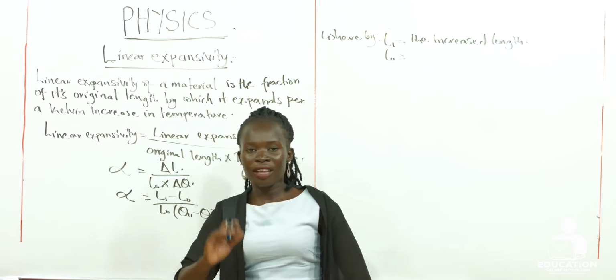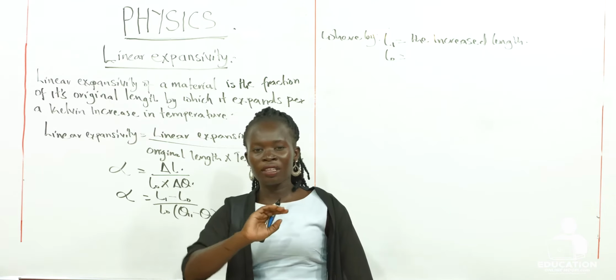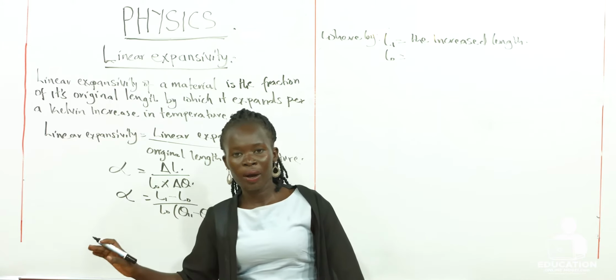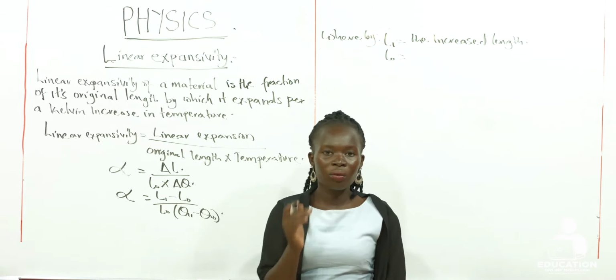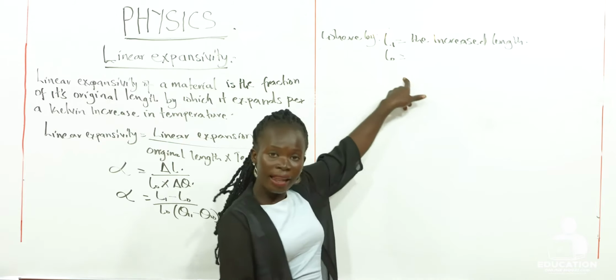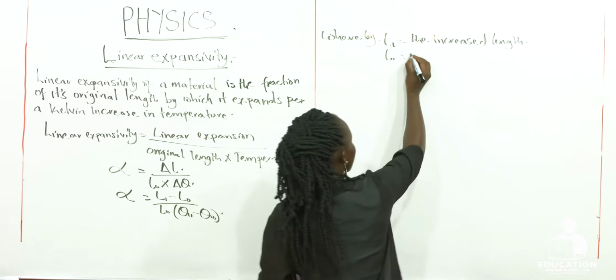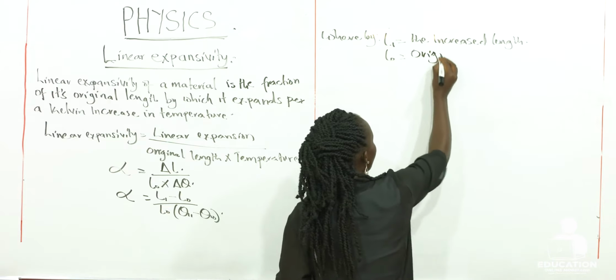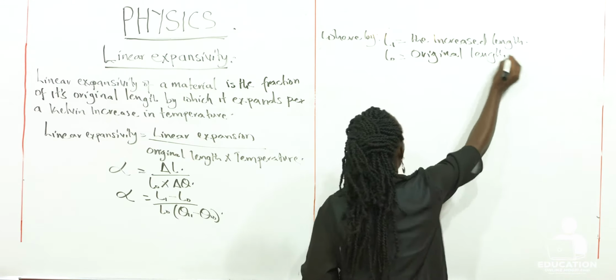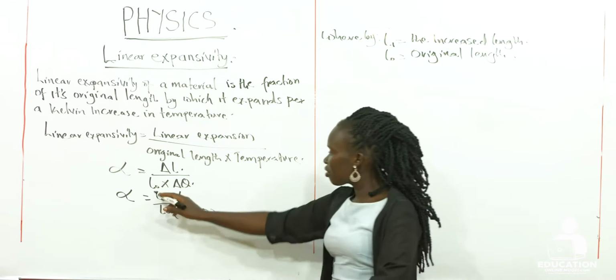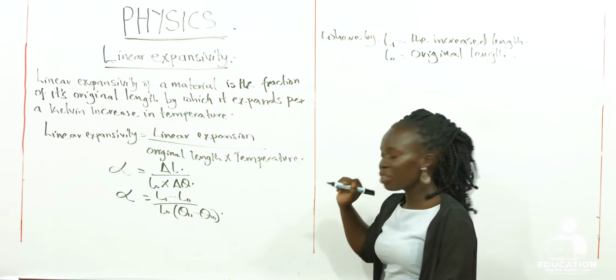So the difference there is 0.1. L1 will be 100.1, and the original length remains 100. So down here we have still L naught, which is the original length.